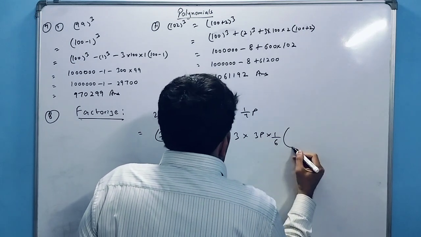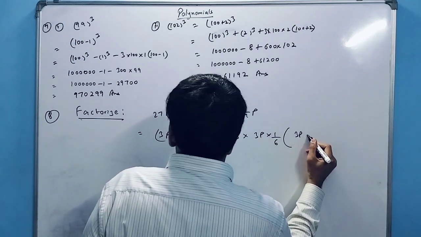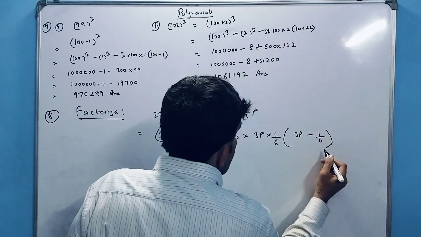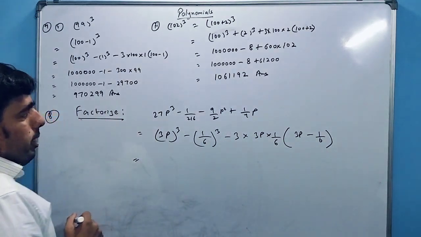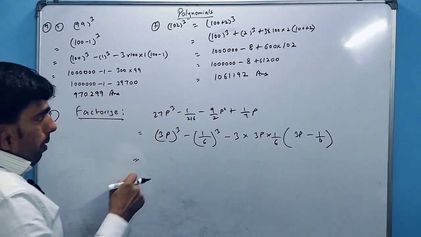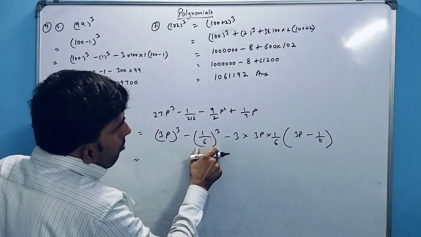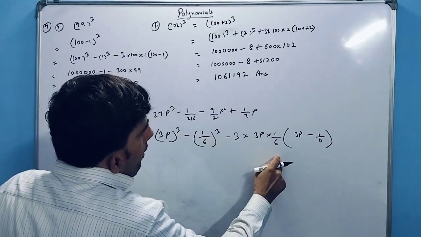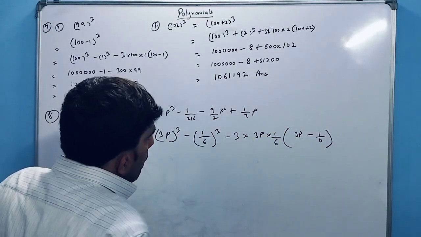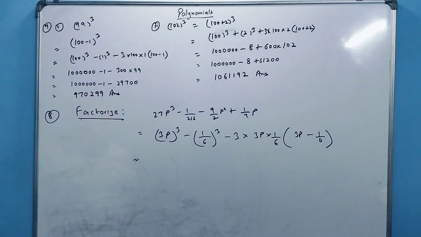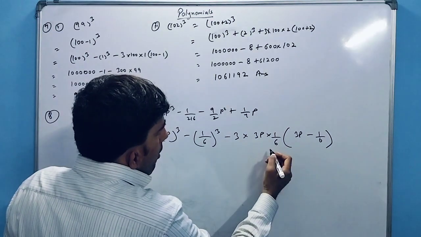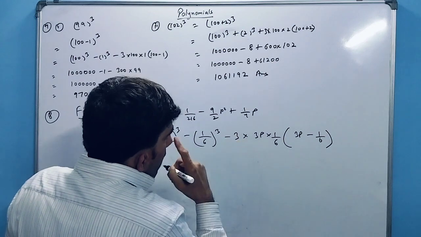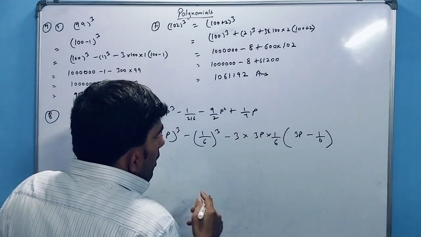Six a minus b, 3p minus 1 upon 6. Okay, so now we can see that we have made the formula a cube minus b cube minus 3 into a into b into a minus b. Now if I multiply this, what will I get? The same. Okay, so AB.